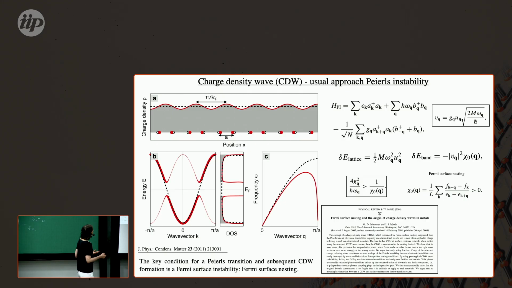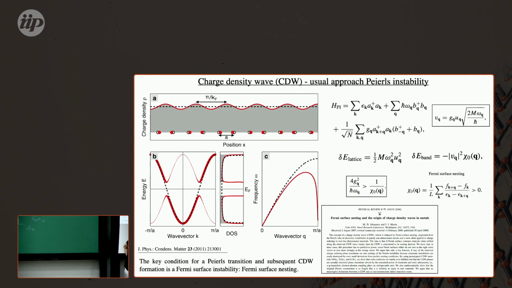So this is a typical Hamiltonian, Frohlich Hamiltonian, where we have creation and annihilation operators for the fermions, for the electrons. Here we have the frequency of the normal phonon modes. These are the creation and annihilation operators of the phonons. And here is the interaction, the coupling between electrons and phonons, which is given by this g sub q.